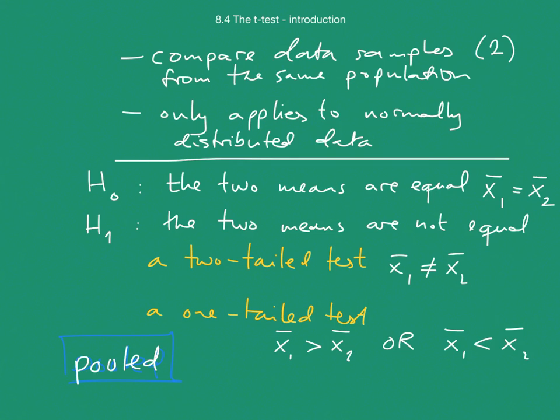So pooled means that we assume that the two populations, or rather the two samples, have equal variance.